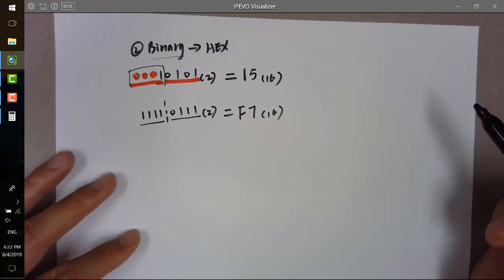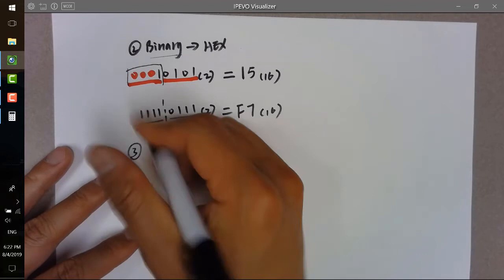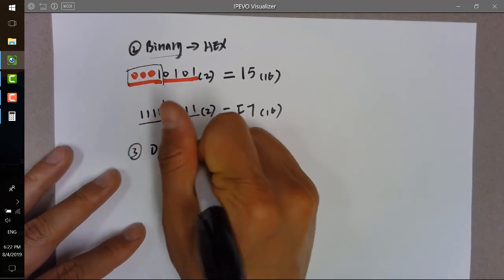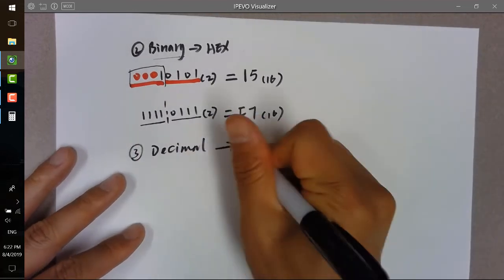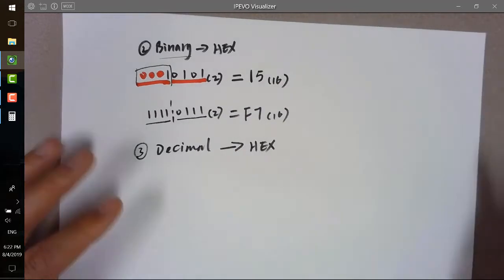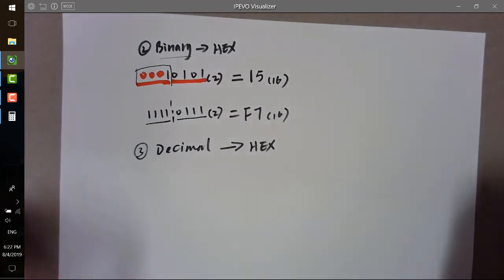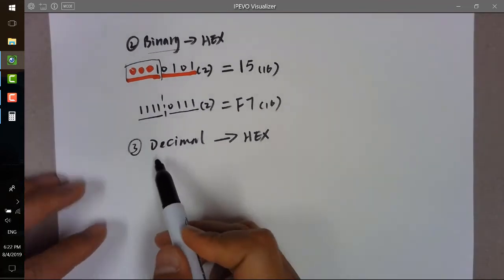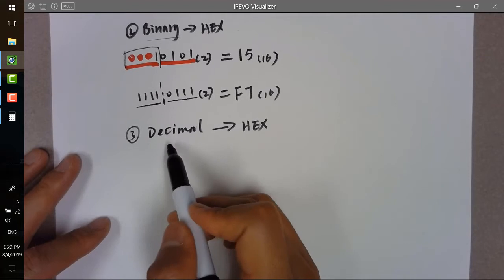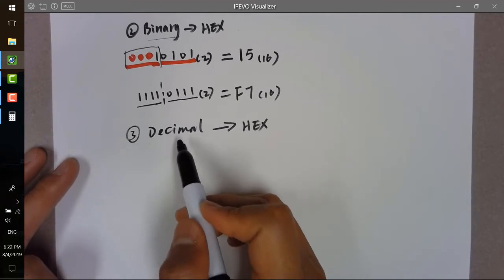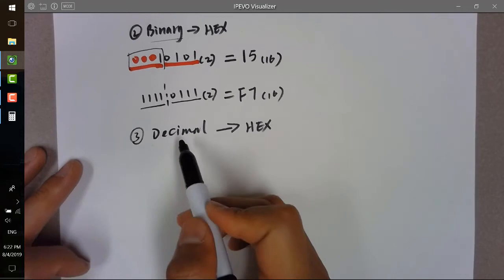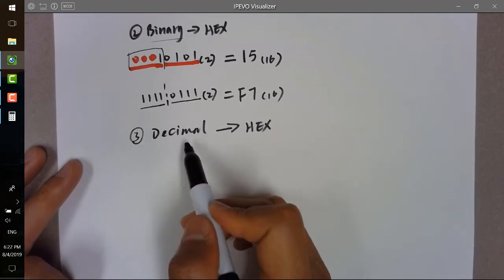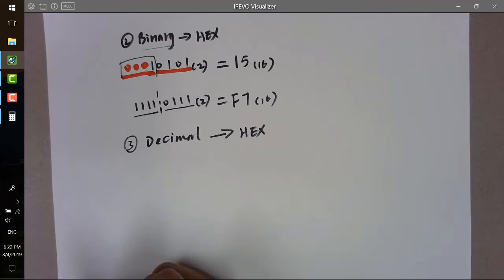And now what about the third one? Decimal to hex. How to do that? This is a little bit tricky, so let's come back here after we are done with decimal to binary, and then we'll start dealing with this one.